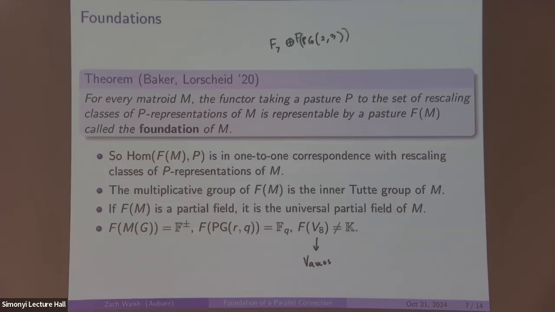The foundation of this direct sum is the Krasner hyperfield. We'll see why this is true in a minute. Essentially, this foundation is the binary field and this foundation is the ternary field. So you need some pasture that has morphisms from both those fields, and the only option is the Krasner hyperfield.